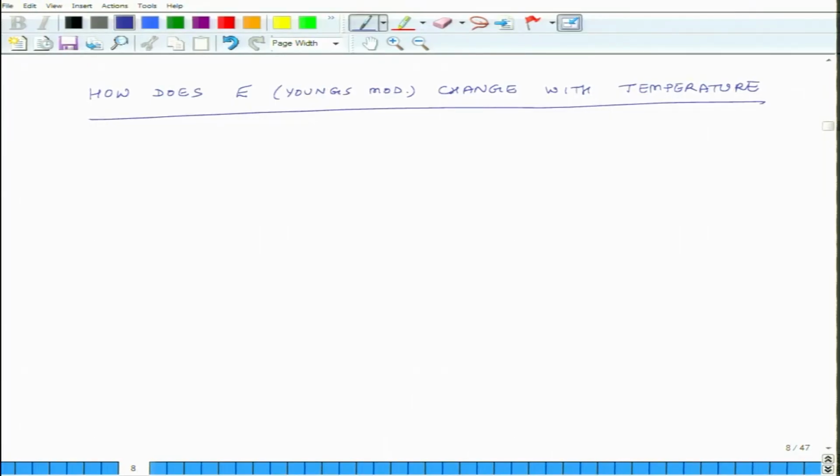We will try to understand this for all three: thermosets, amorphous thermoplastics and semi-crystalline thermoplastics. Okay. So first we will do it for amorphous thermoplastic.